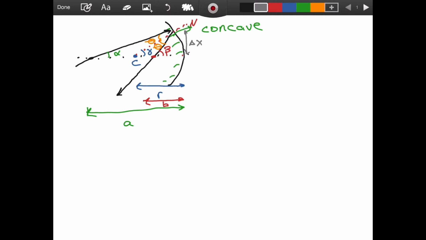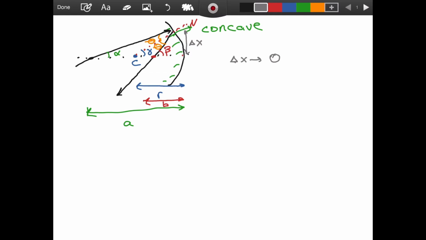Now, if you look at this picture, I want you to understand delta x here is a small value. This goes to 0. We are only interested in small values of delta x because otherwise our equation collapses and we can't make our derivation. And you will understand why that is the case. So if delta x is a small distance, what happens to our angles?